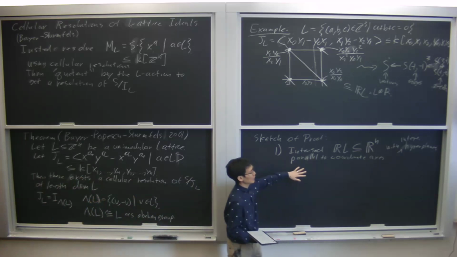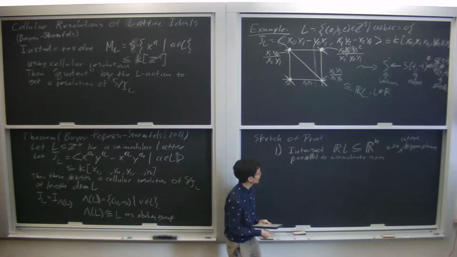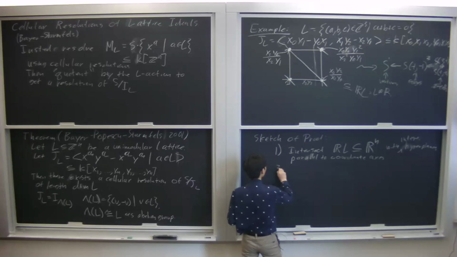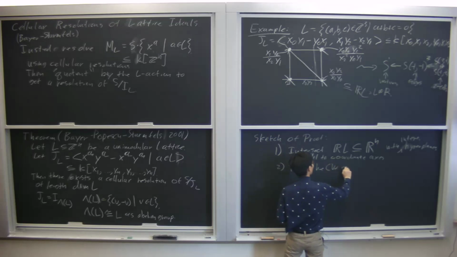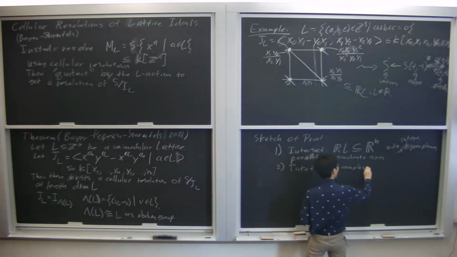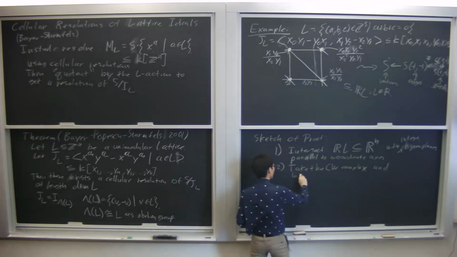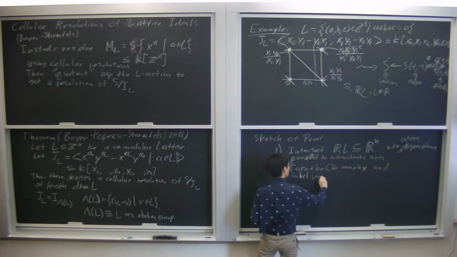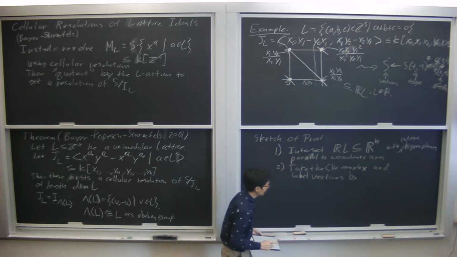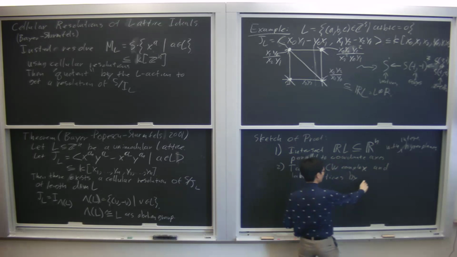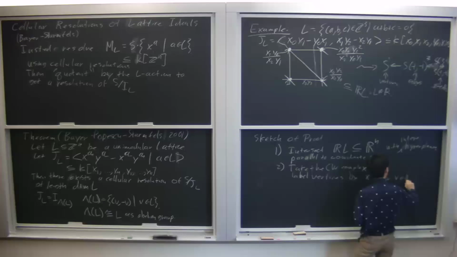But we intersect with the standard grid in R^n. And then this gives us the CW complex. And label vertices by, well, okay, so here's where the cleverness is, by the corresponding monomial x to the v for v in RL.